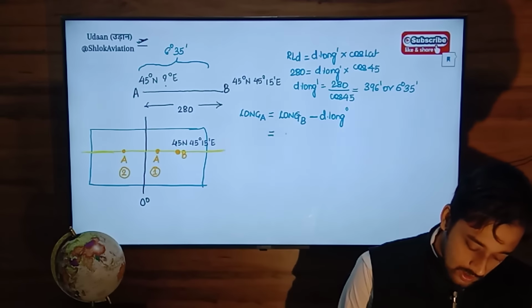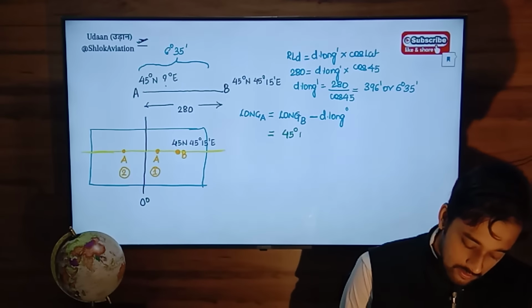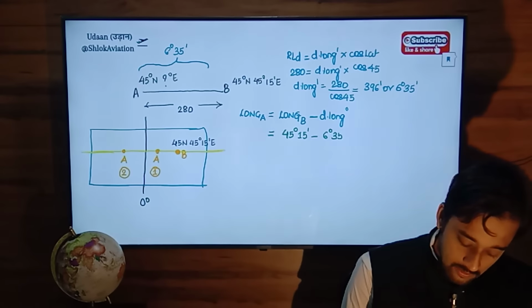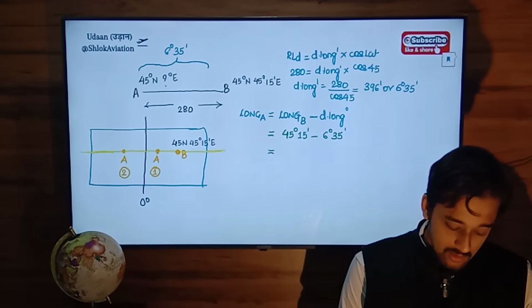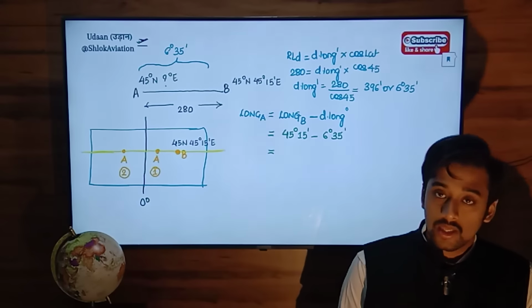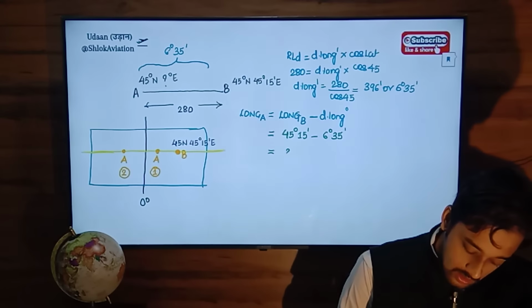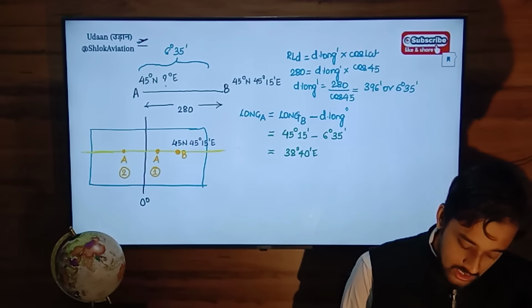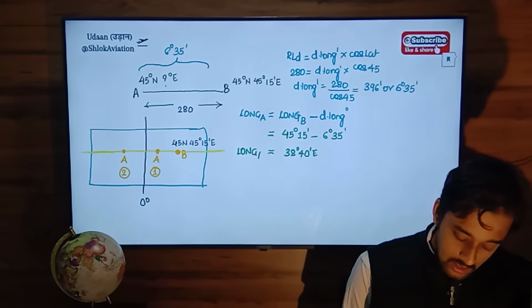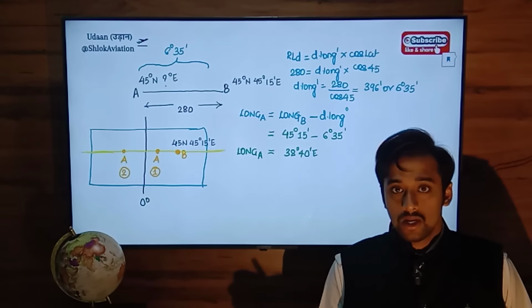Longitude of B is 45 degrees 15 minutes minus 6 degrees 35 minutes, which is 38 degrees 14 minutes east. Longitude of A is therefore 38 degrees 14 minutes east.